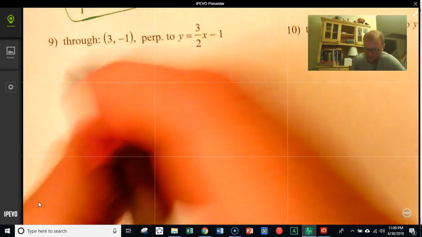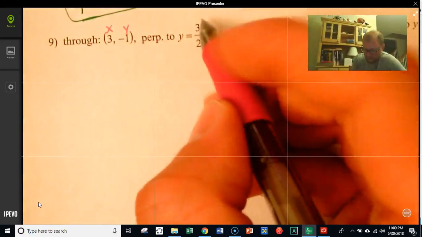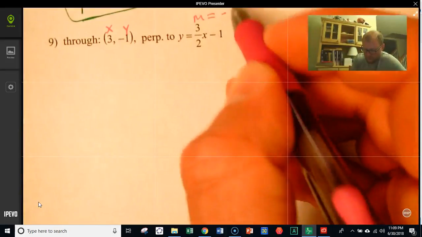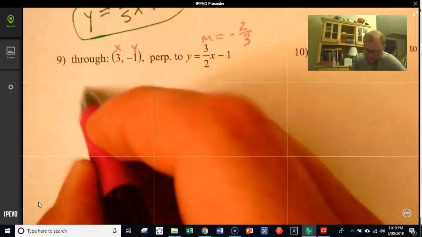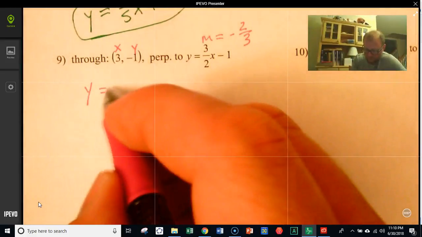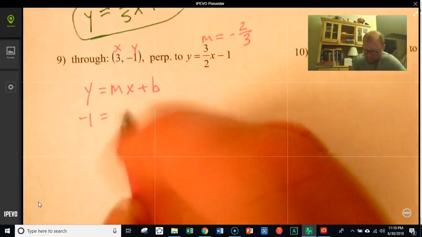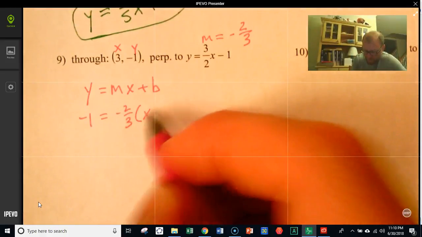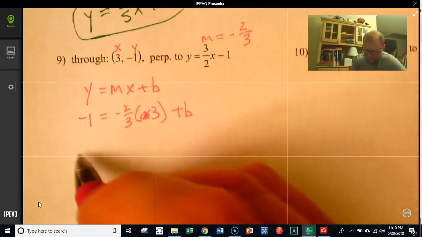Okay, next one. Here, we've got x, y, and our m will be negative 2/3. Just take that 3/2, turn it upside down, make it negative. Y equals mx plus b. Negative 1 equals negative 2/3 times 3 plus b.